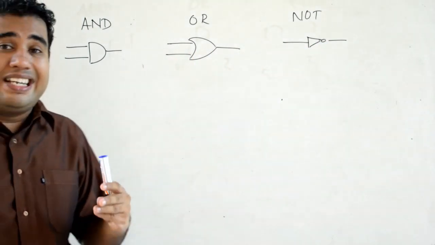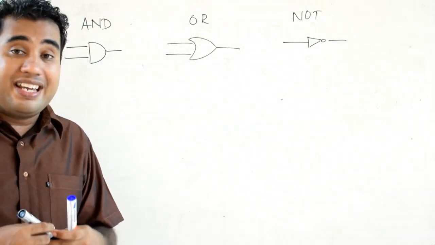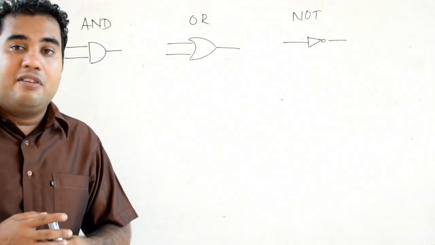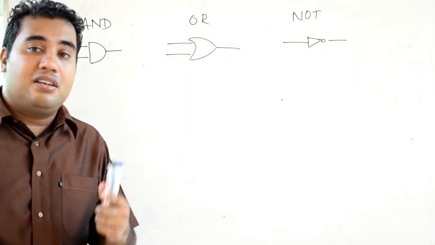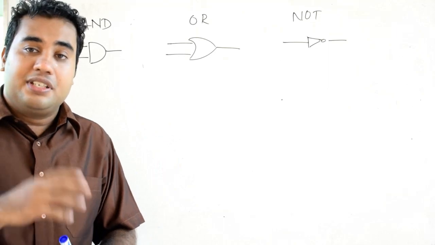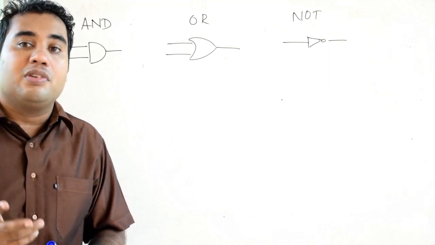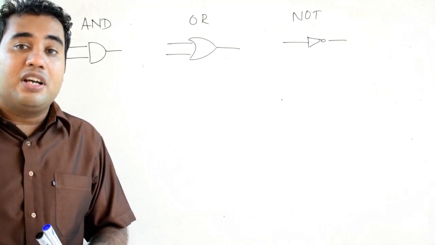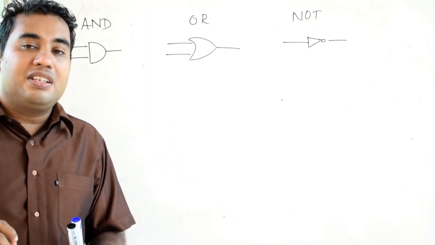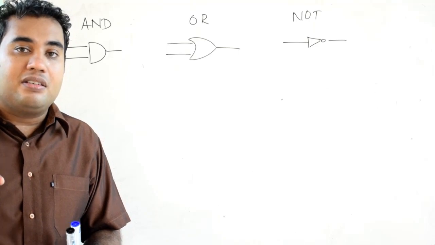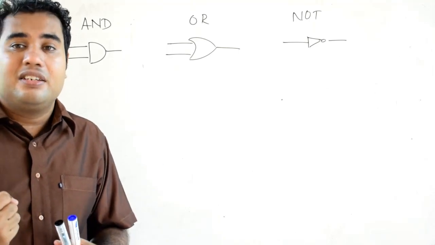In every logic gate or logic circuit, we should be able to express its functionality using a particular expression or formula. For that, we are going to use variables. A variable is simply, here, a letter.